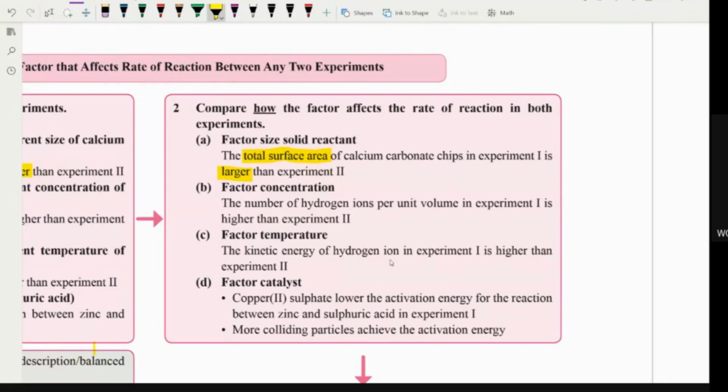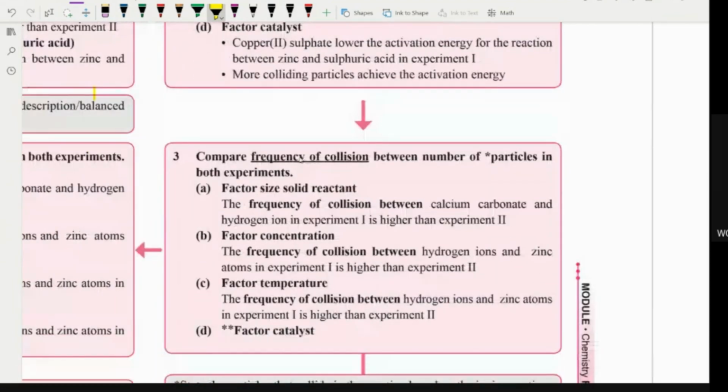Point number 3, after point number 2: compare the frequency of collisions between the number of particles. You have to see what particles are in the reaction.